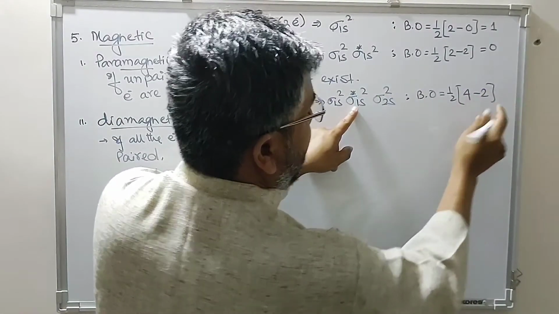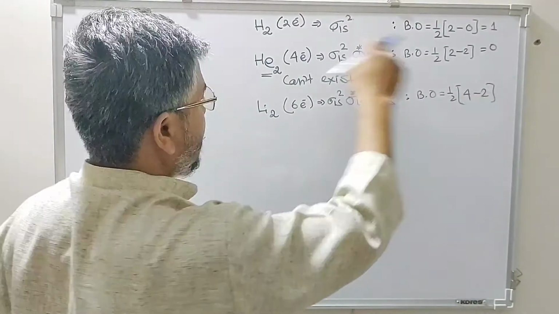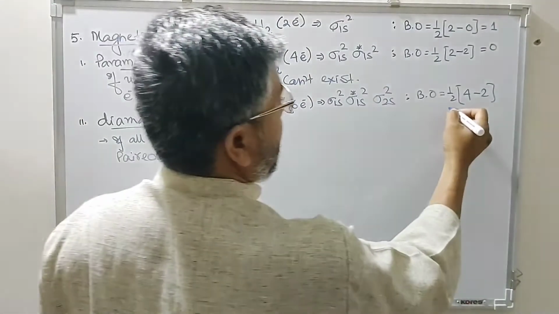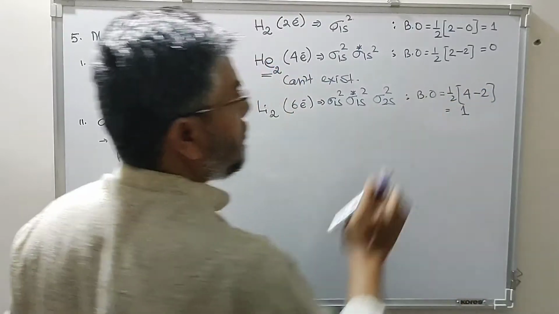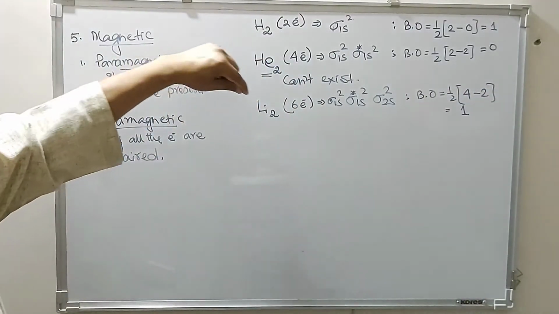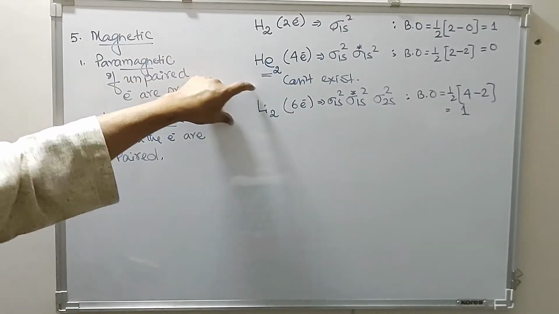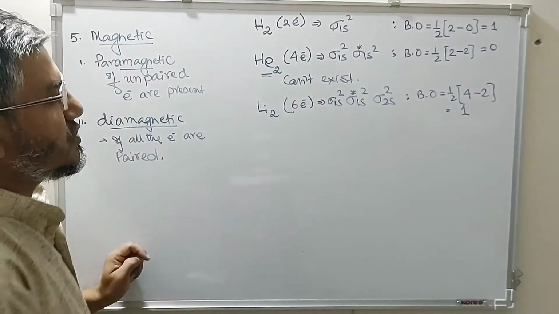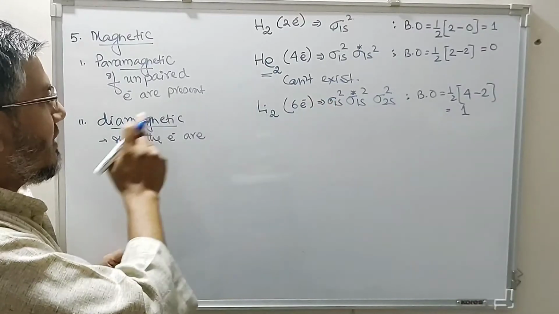Electrons in bonding are greater than in anti-bonding, so this molecule can exist and is stable. Bond order is 4 minus 2, 2, 2 by 2, 1. So in the lithium molecule there is a single bond. Since there is no unpaired electron, this molecule is diamagnetic.